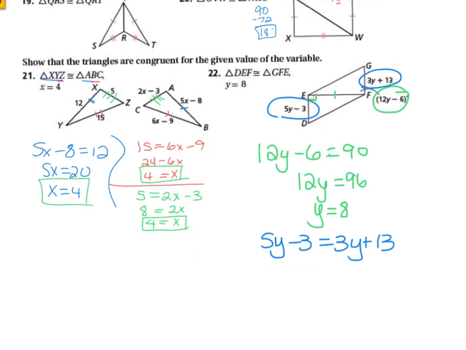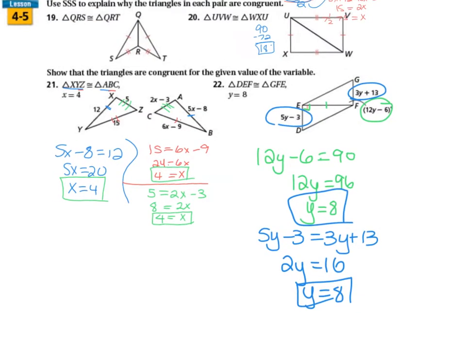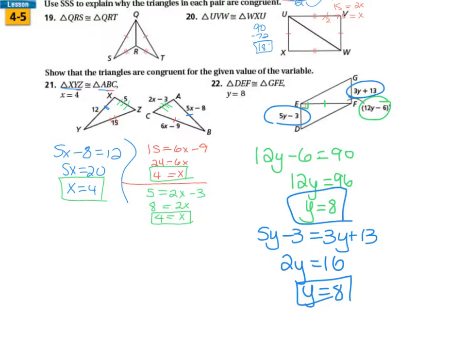Either way, you get y is 8. So test-wise, it would say something like what value would y have to be in order to prove those are congruent by side, side, side, or side, angle, side. And you would know it from what you just got.